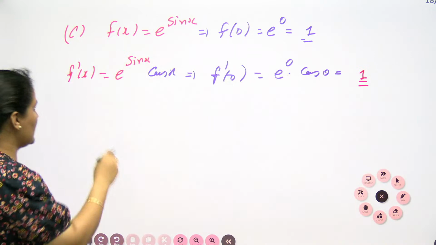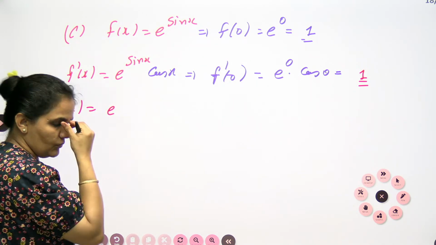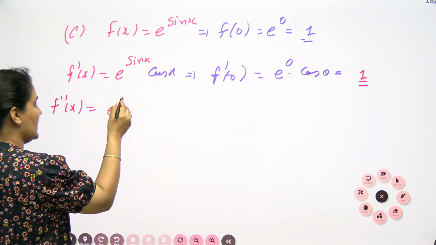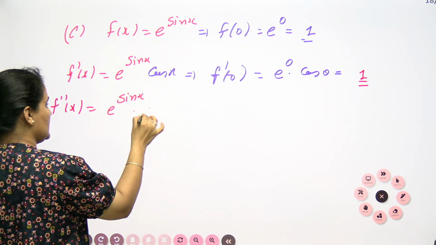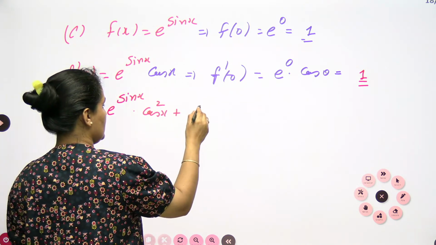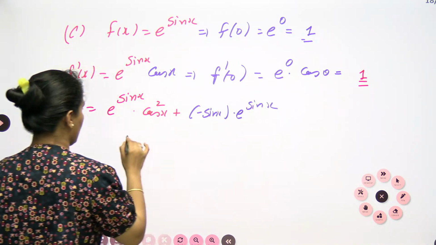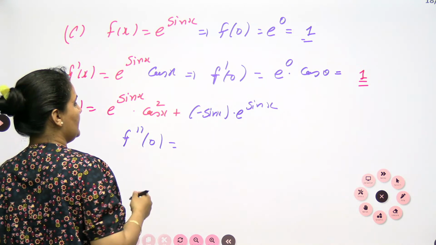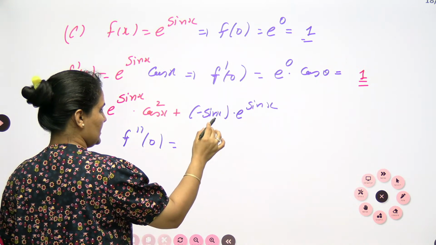Now we try the next term, f''(x). Here we have two functions, so first we solve e power sin x, and then cos x. The differentiation of e power sin x is e power sin x times cos x, so we get e power sin x cos square x, plus the differentiation of cos x, which is minus sin x, with e power sin x as it is. Now f''(0): cos 0 is 1, e power 0 is 1, so this is 1, and minus sin 0 is 0.